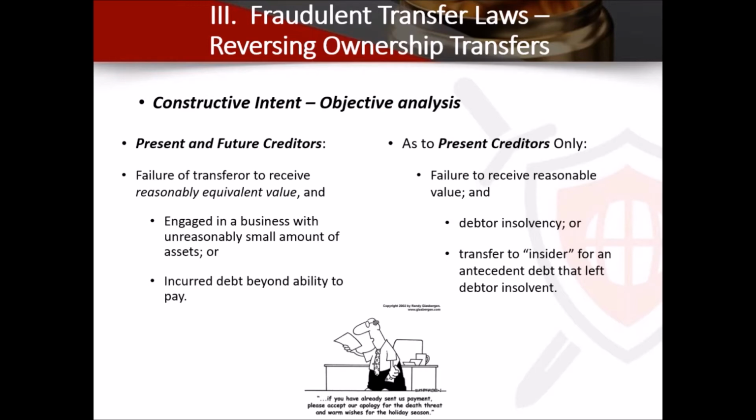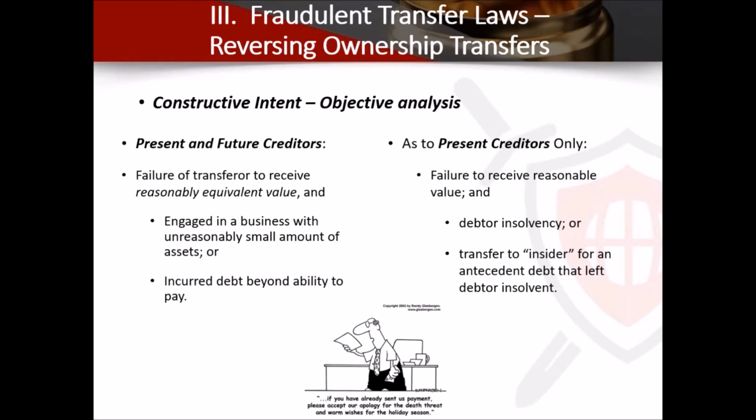That's a creditor who became a creditor after the transfer. By the way, we'll talk about what a future creditor is. It's a creditor who became a creditor after the transfer.